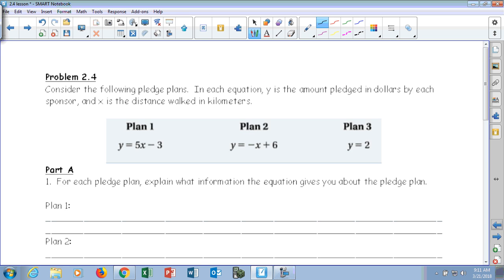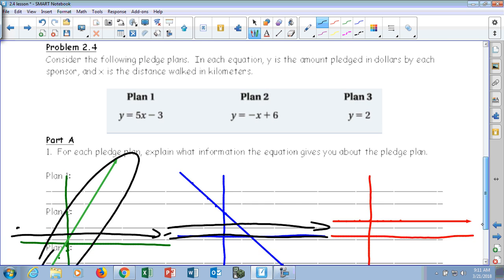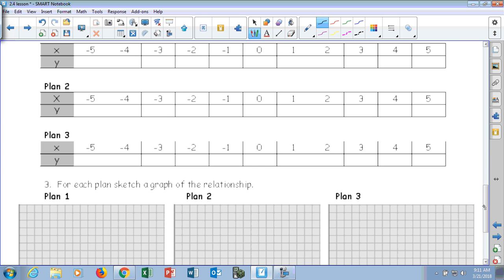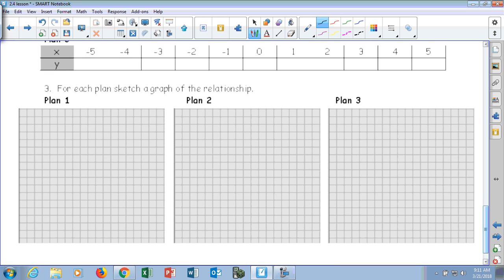Going back to our table, plan 2. Oh, I erased it.